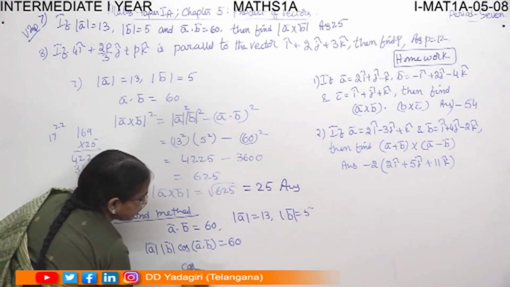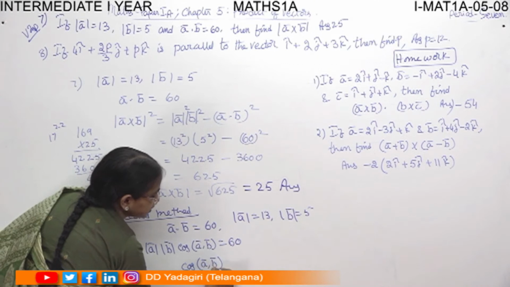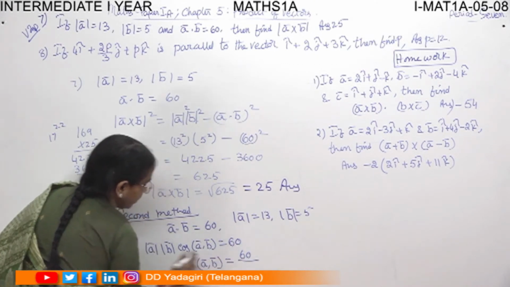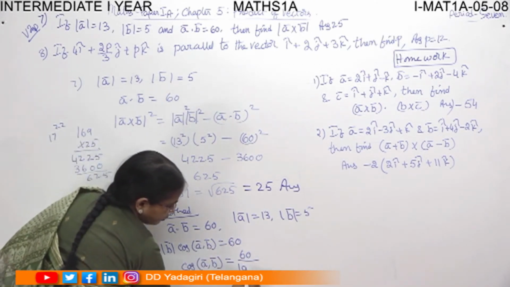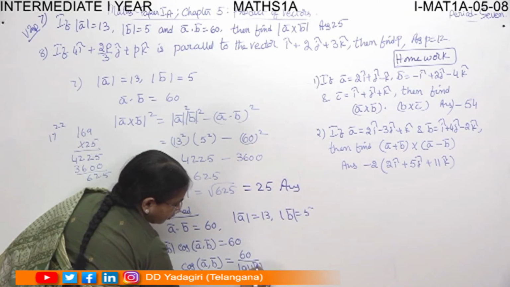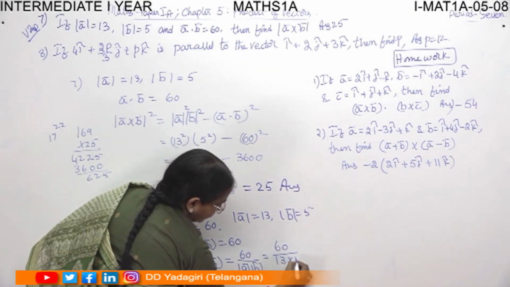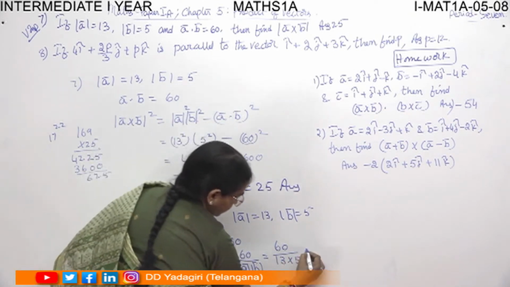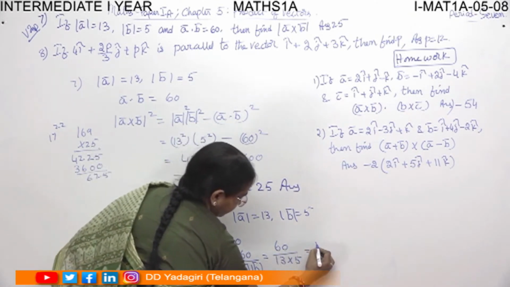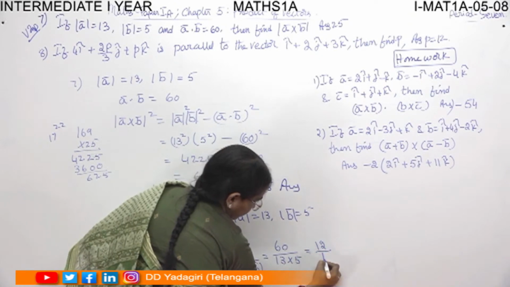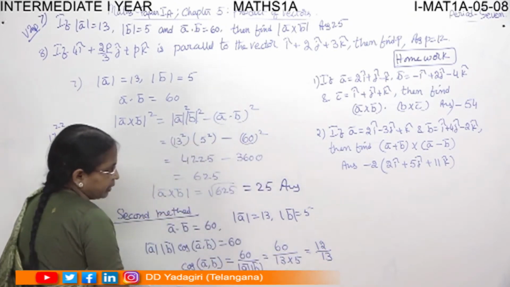So cos of angle between A and B is equal to 60 by mod A into mod B. So that is 60 by 13 into 5. So simplify, that is 12 by 13. So cos AB is 12 by 13.